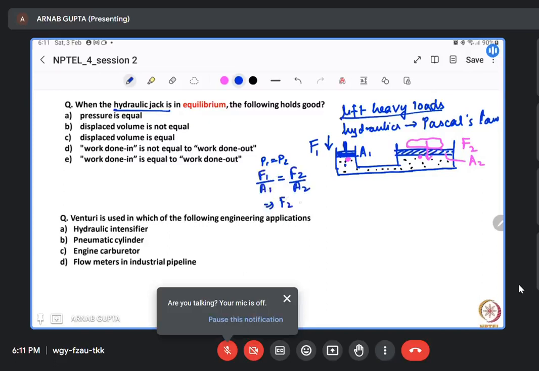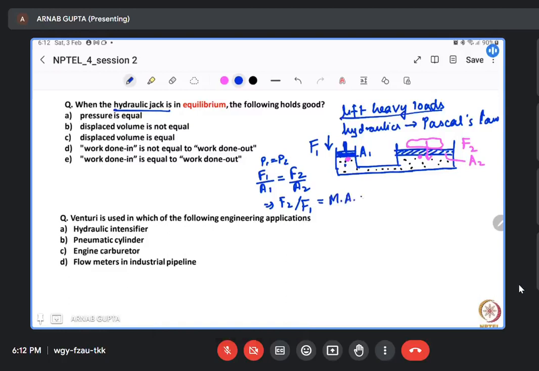So this is basically the mechanical advantage: how much load you are able to lift by putting in a particular effort. F2 is the load, F1 is the effort. The mechanical advantage is nothing but A2 by A1.